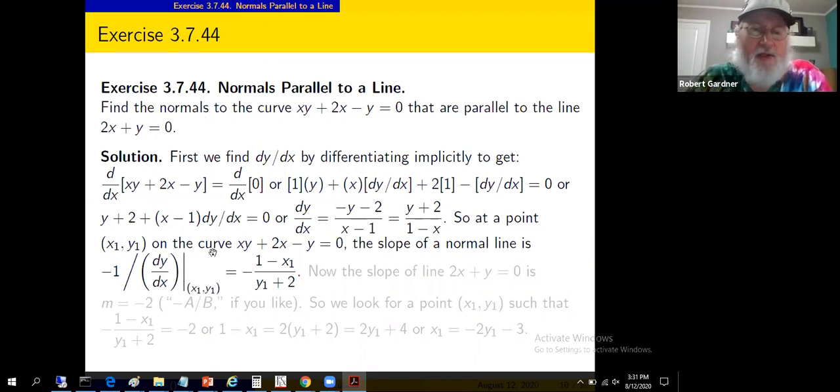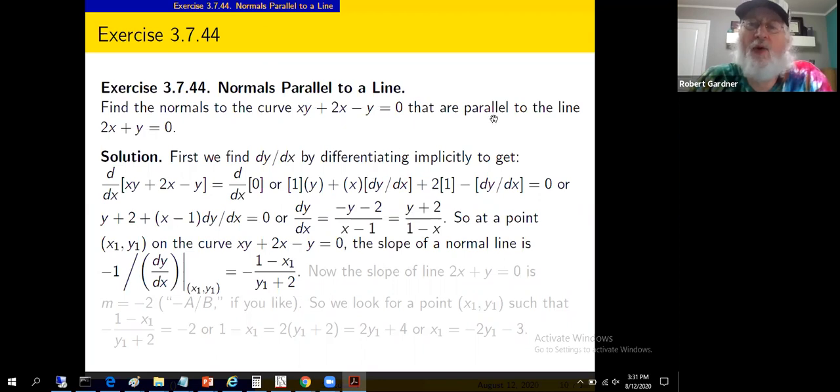All right, so plug in x1, y1 in here and take a negative reciprocal. Plugging in, we'd have y1 plus 2 divided by 1 minus x1, but we'll have a negative out front and we'll take a reciprocal of that, producing negative (1 minus x1) divided by (y1 plus 2), negative reciprocal. So that's the slope of normal lines.